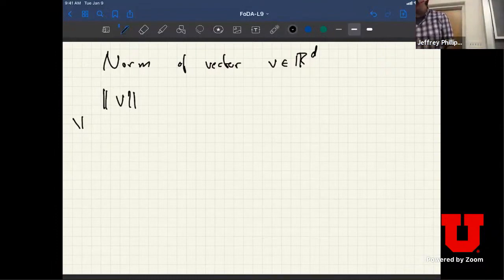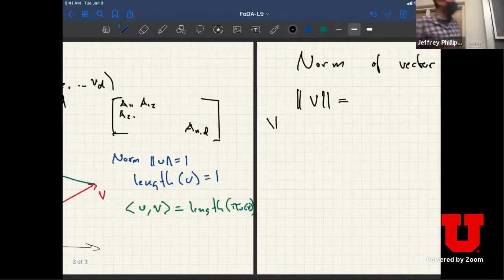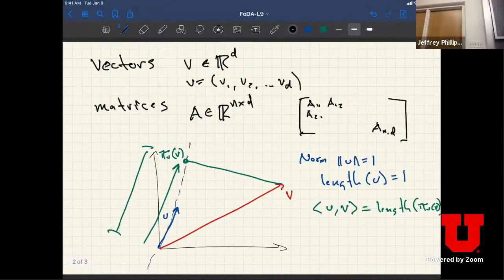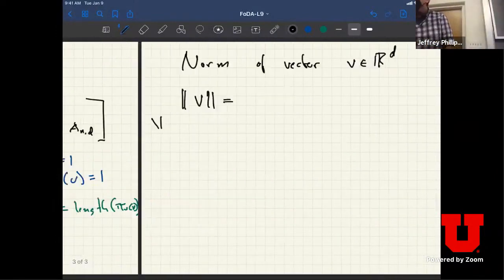Okay, so this is defined, and this measures kind of the straight line distance, right? This picture back over here where I measure the distance of this, I say this distance is 1. I really mean if I have a piece of string and I put one end of the string on one end of the vector and one end on the other end, how long is that string? It's that straight line distance that I'm measuring here.